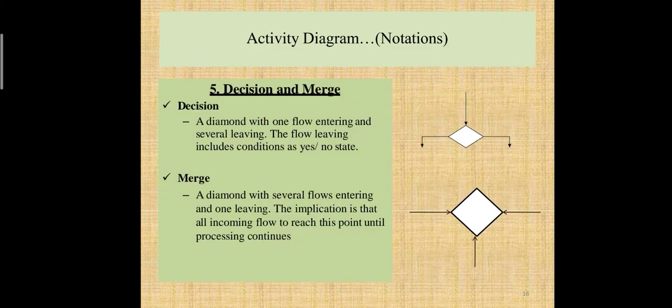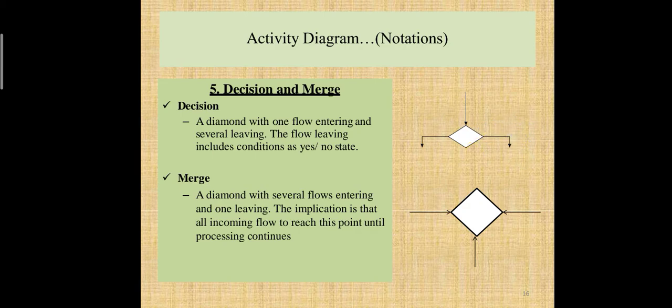The next notation that is used in the activity diagram is decision and merge. Decision is a diamond with one flow entering and several leaving. This is a decision box which has only one incoming flow and multiple outgoing flows. This is called a decision symbol, where the flows leaving include a condition such as yes or no. If the condition is satisfied, then it goes this way, or if the condition is not satisfied, then we perform another task.